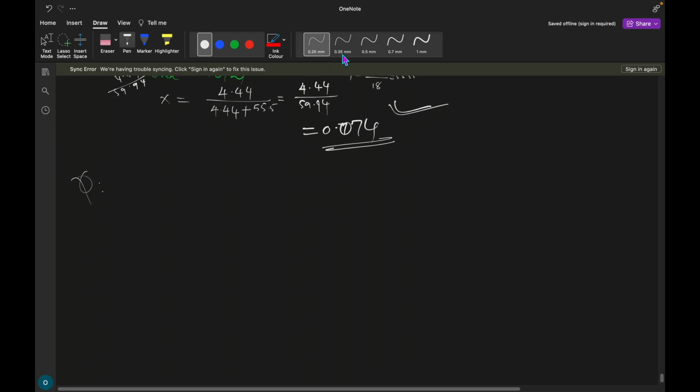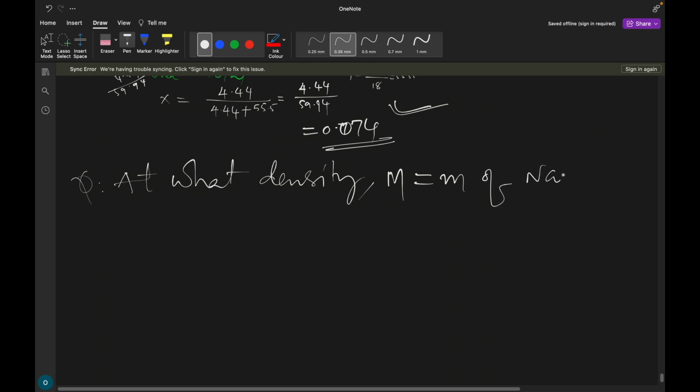Look at the question: at what density will the molarity and molality of NaOH become equal? See how simple the question is. You have to calculate the density. So what is the relation?